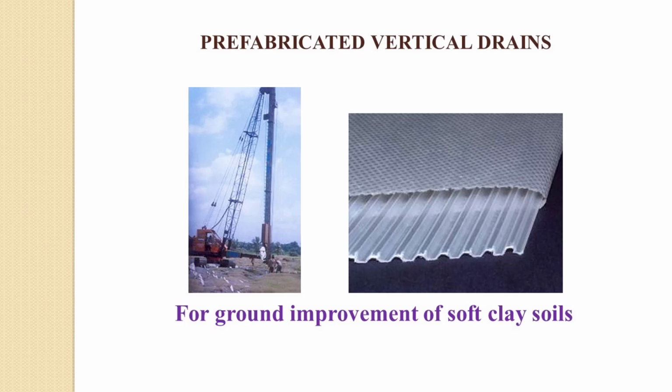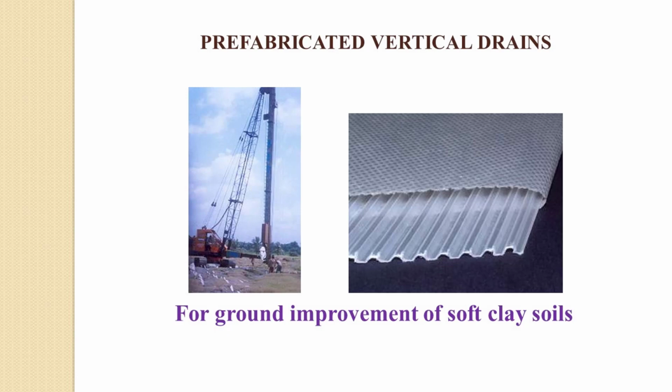And the preloading is also done in stages. You can't just put the entire loading at one go, because the moment you put the load, the pore pressure is going to build up, and you have to give time for the pore pressure to dissipate. So it is a sequential construction, but still what is expected to take years for the normal consolidation process, you can complete, depending on the surcharge and the PVDs which you have designed, in maybe 6 months.